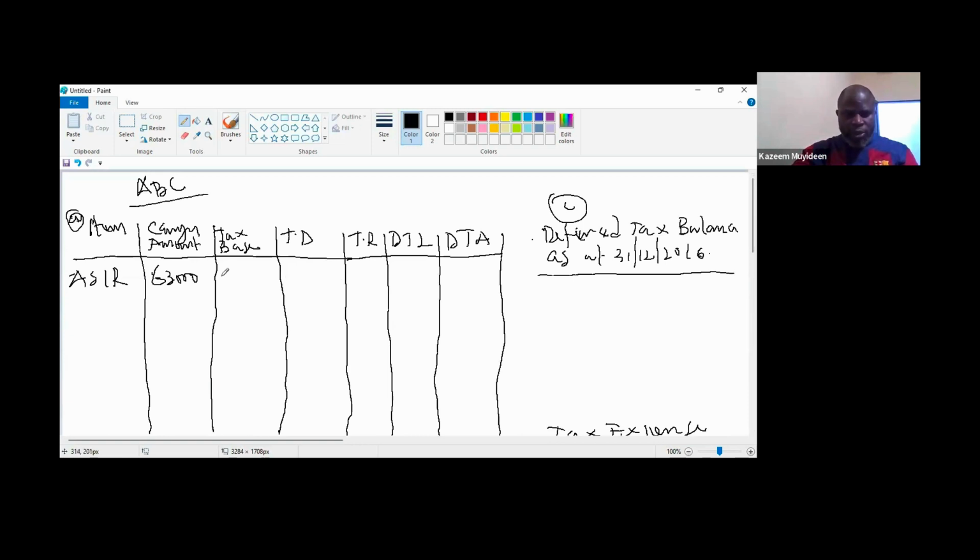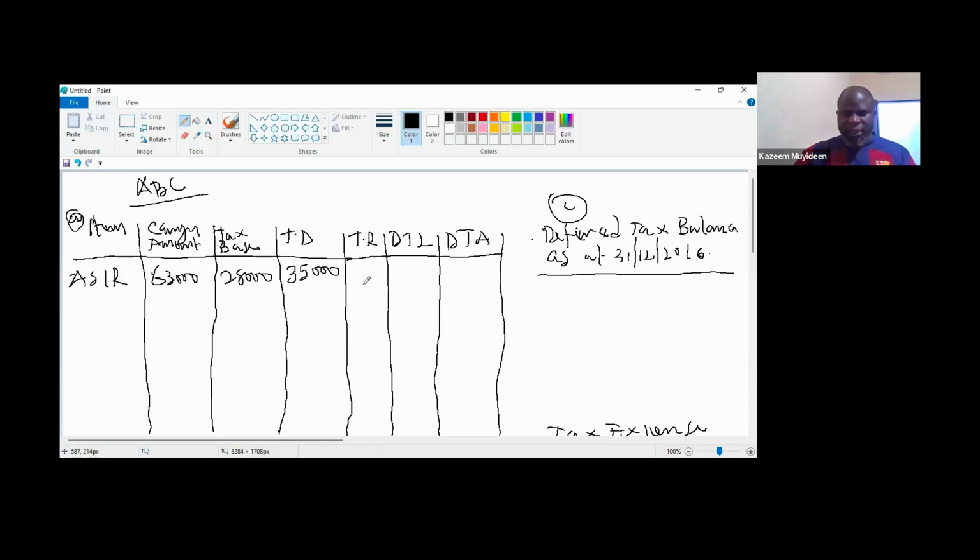Tax base. Has it created a temporary difference? Yes. 63,000 minus 28,000. Temporary difference of how much? 35,000.